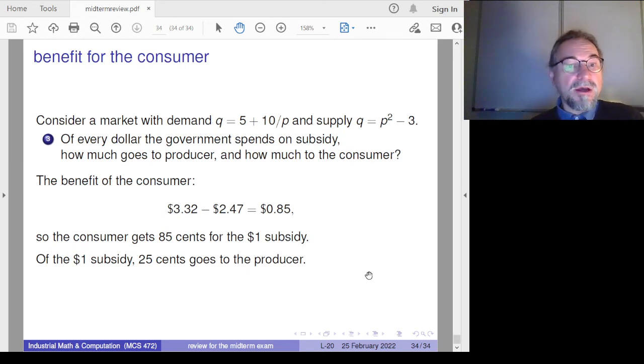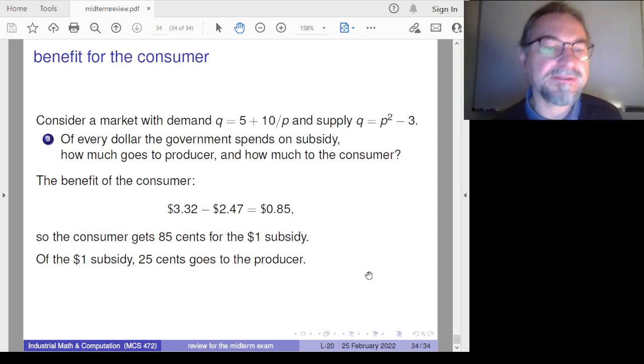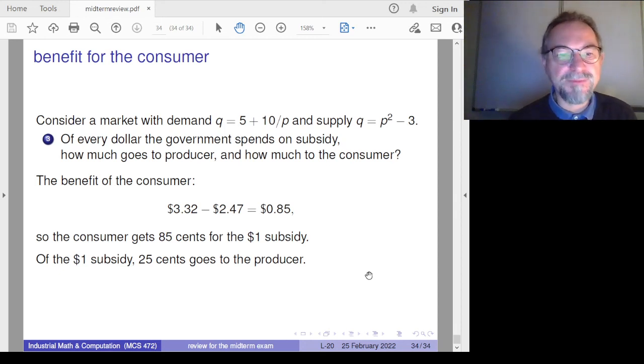Okay, and there is an error here. This is my last slide. I still have to fix this. So if we consider the difference between the equilibrium prices, the equilibrium price dropped by 85 cents. So actually the consumer gets to benefit 85 cents.